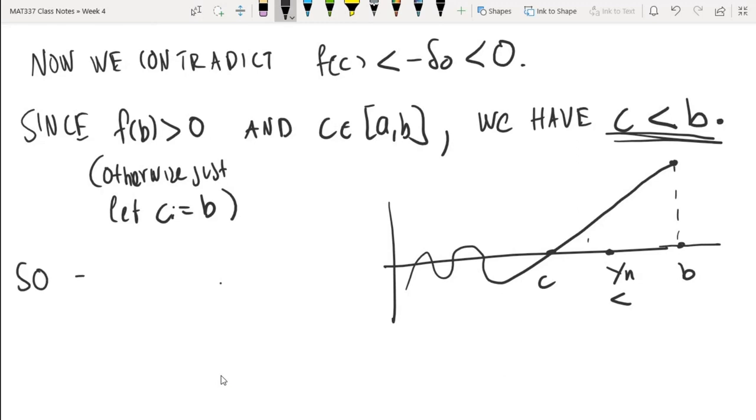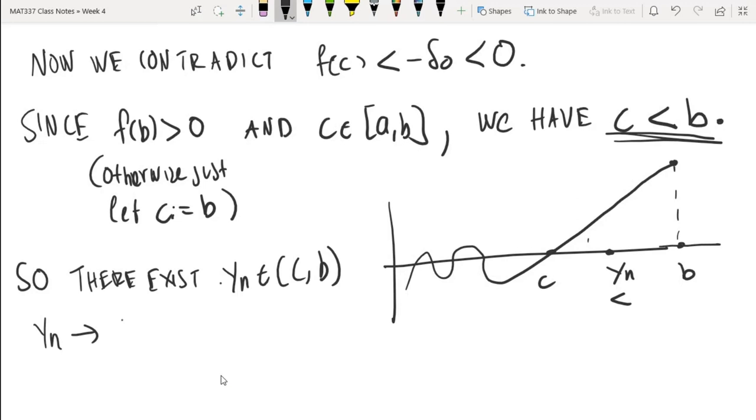So there exists yn in the open interval (c, b) such that yn goes to c as n goes to infinity.